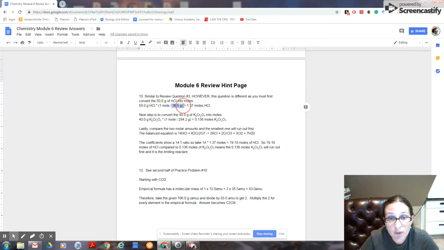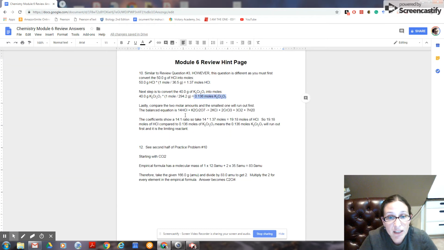So it's 36.5 grams. Then this gives you the moles of HCl, 1.37 moles. The next step is to convert the 40 grams of K2Cr2O7, and that's going to need to be in moles as well. So you'll see you got your answer here, 0.136 moles of K2Cr2O7.